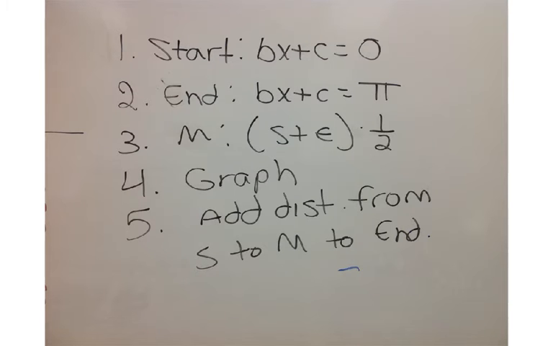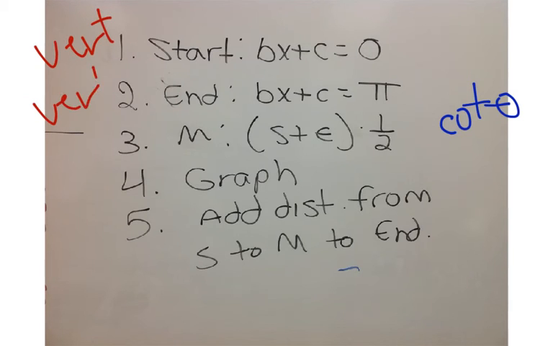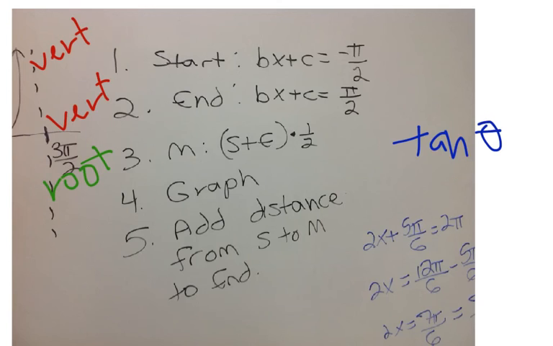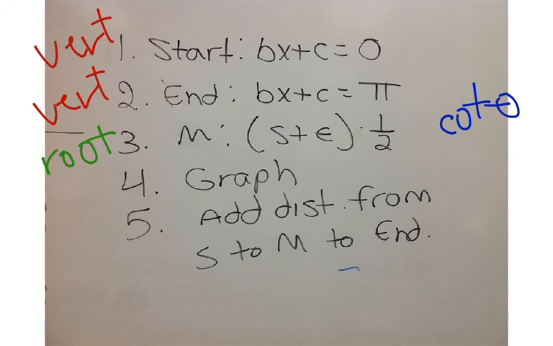Likewise, for cotangent, my steps 1 and 2 are always going to be my vertical asymptotes, and step 3 is always going to be my root, my middle point. Okay? So if you look at the difference between the two, it's just what the start and the end point becomes equal to, what you set them equal to. But the steps don't change. Okay? Alright, I hope this helped you.